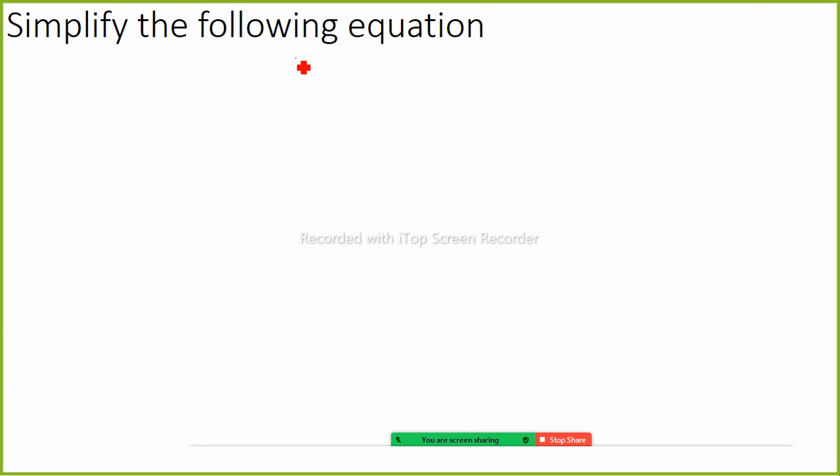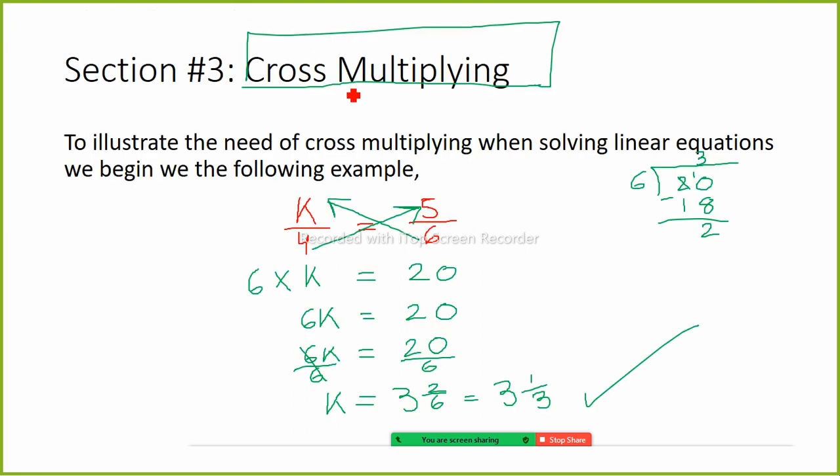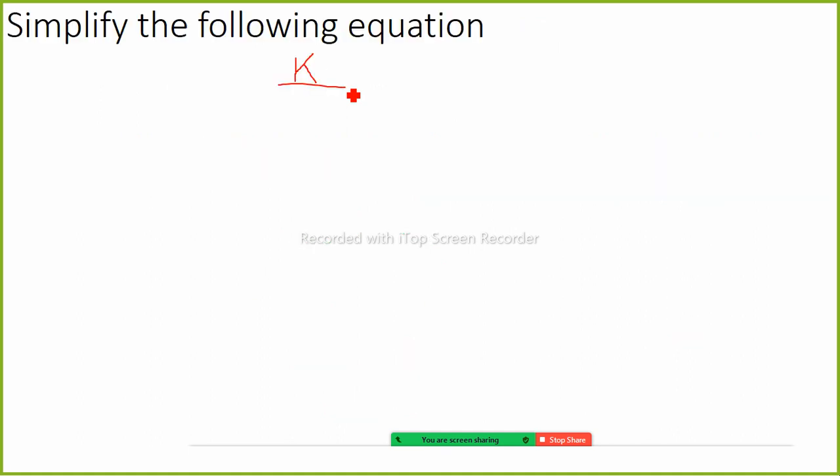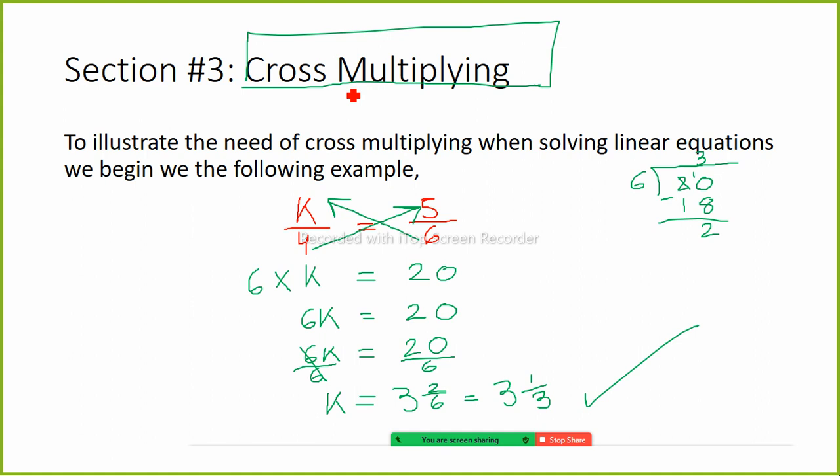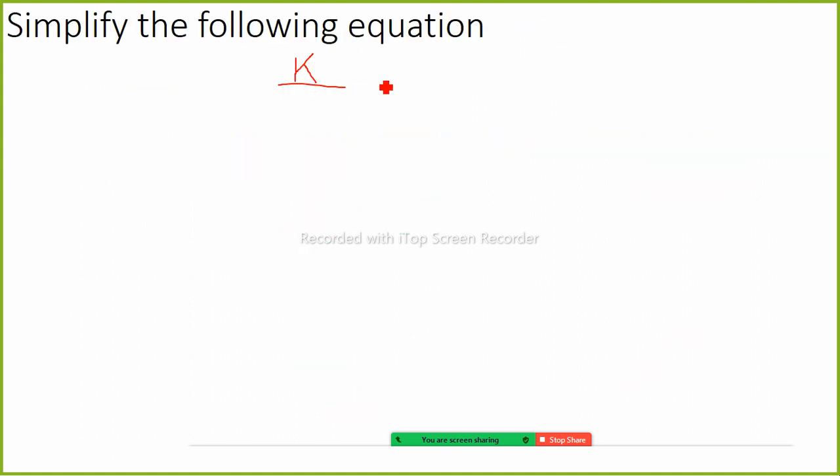So here we have again k over, excuse me, so we have k over, it's going to be equal to 7. And I say that in the bottom we have 6.